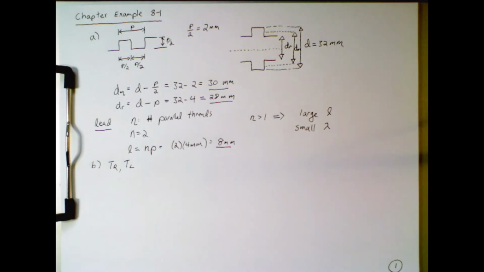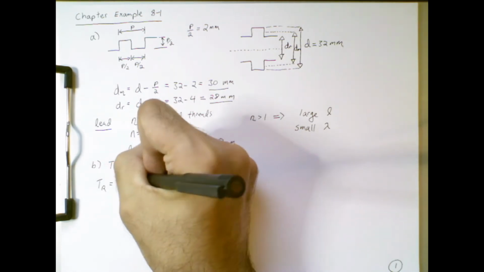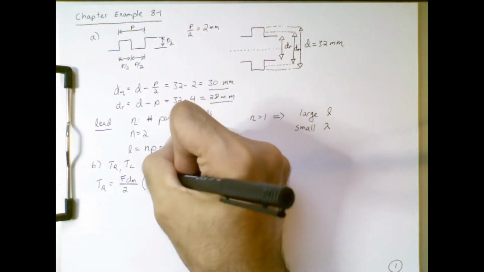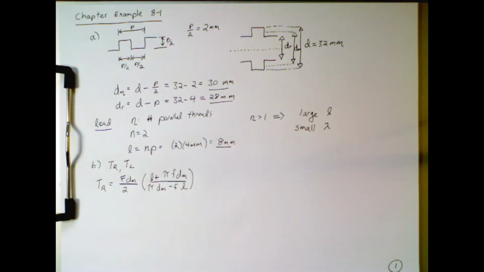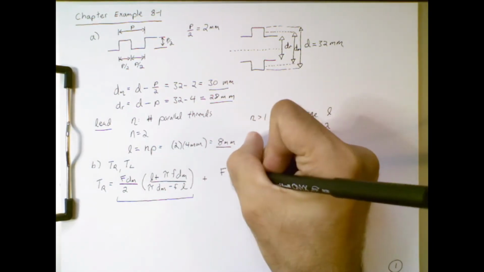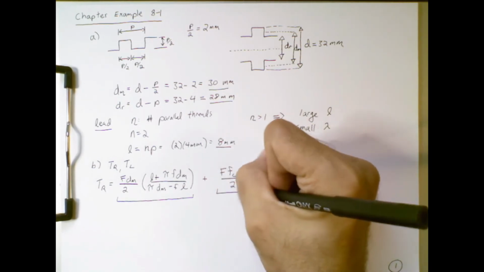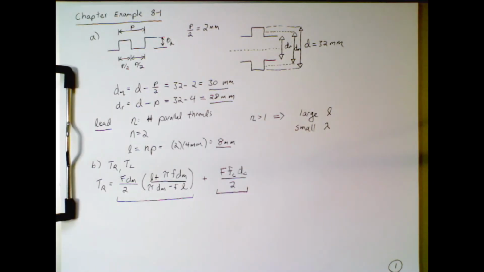So a modification of the earlier equation will include an additional term for the collar torque. This first term is the torque from the load and the thread friction. The second term corresponds to the collar torque.